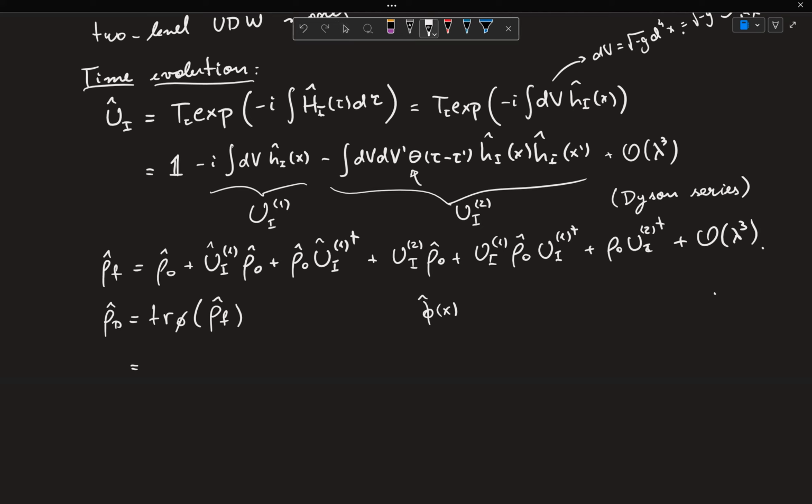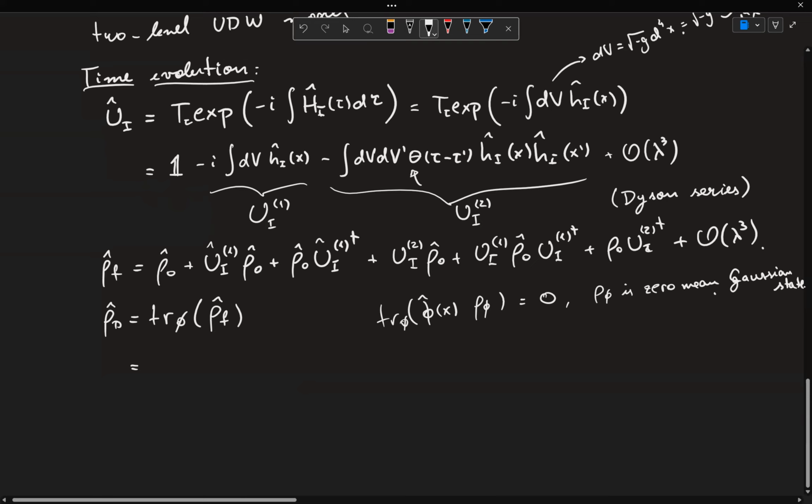Then when you trace things like this over the field, this will be 0 if the rho phi is a 0 mean Gaussian state. And we will assume that the state of the field is a 0 mean Gaussian state. So we're assuming that the field is in some sort of vacuum, okay?